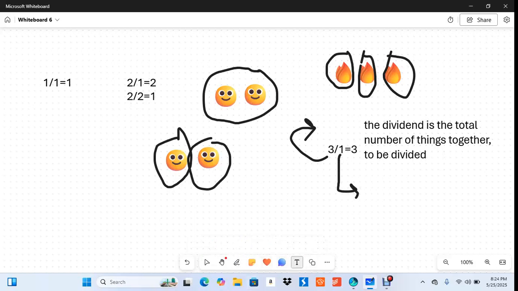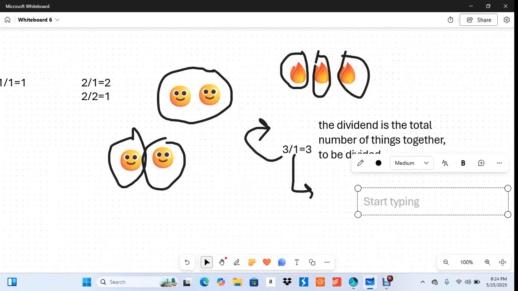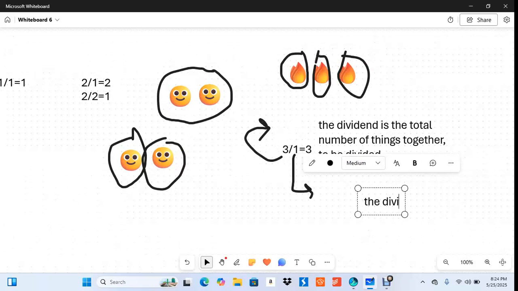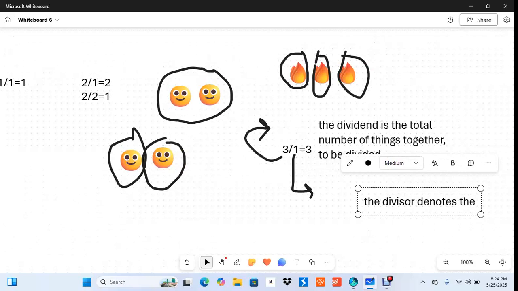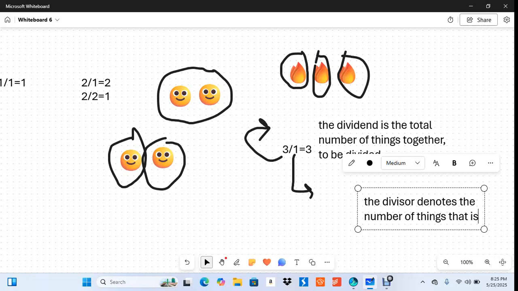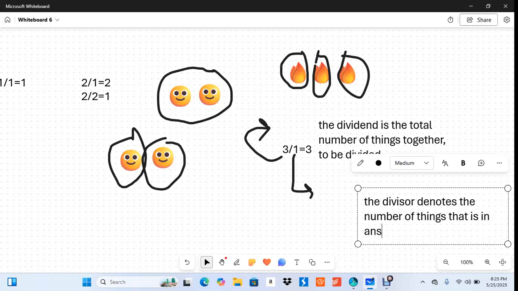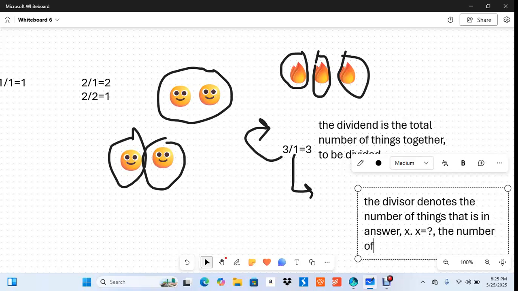And that is the amount. So the divisor denotes the number of things that is in each group, and the answer X, X being the question of the answer. What is the answer? The number of groups. That is what we are solving for.